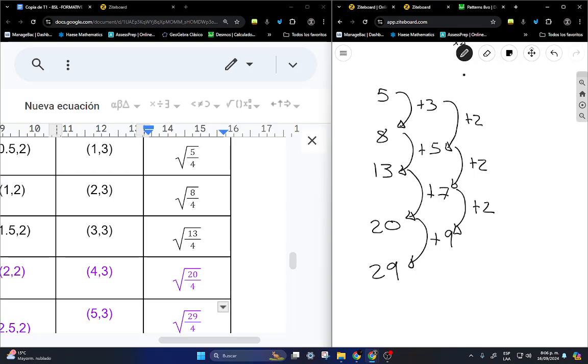Okay? And here, the second difference, that's what we call it. When the second difference is constant, that means it is always the same, like in this pattern. That is called a quadratic pattern, okay? Like this.